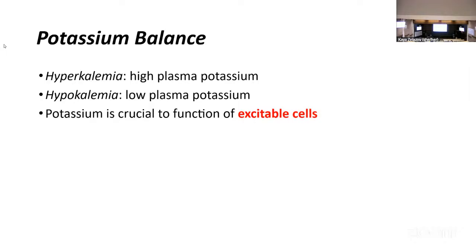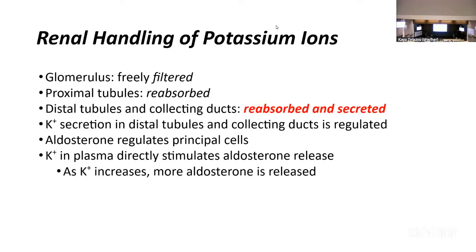Okay. So if we're tracking potassium through a kidney, we're going to head through our blood vessels to the capillaries of the glomerulus. At that point, potassium is freely filtered into the nephron, nothing blocking it. In the proximal tubules, we do see potassium reabsorption. And we're going to travel through the loop of Henle.